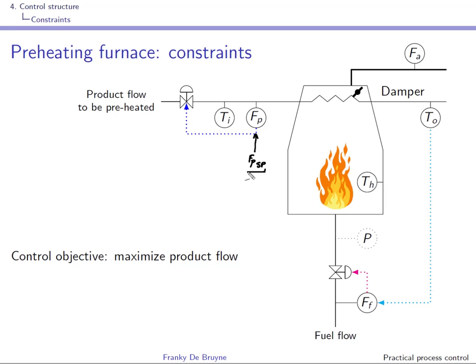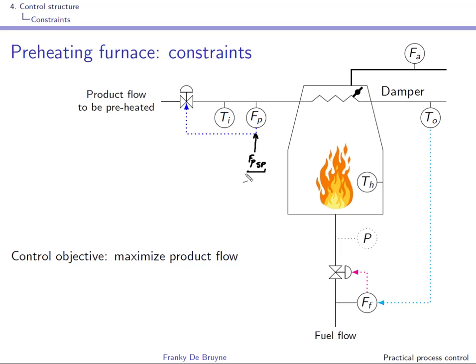And this set point is set by the downstream process, for instance, the distillation column that sets the demand of product flow. But you can see that if this product flow is increasing, this valve will start opening because you'll need more fuel flow, and of course because of the excess air relation, we also need to open the damper.